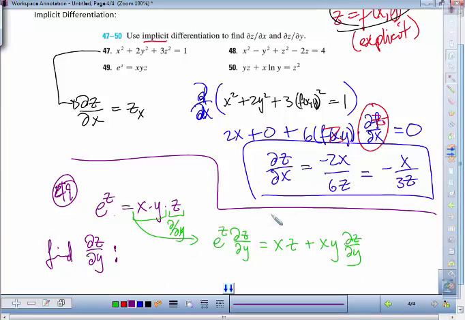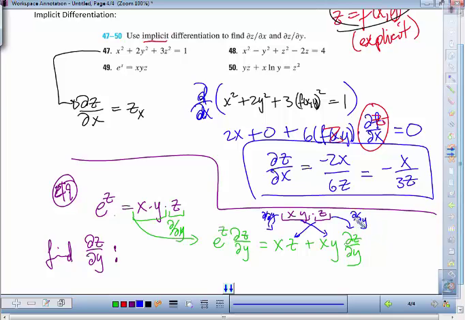So let's try that again. X, y times z, so we're doing the derivative of the first times the second plus the first times the derivative of the second.